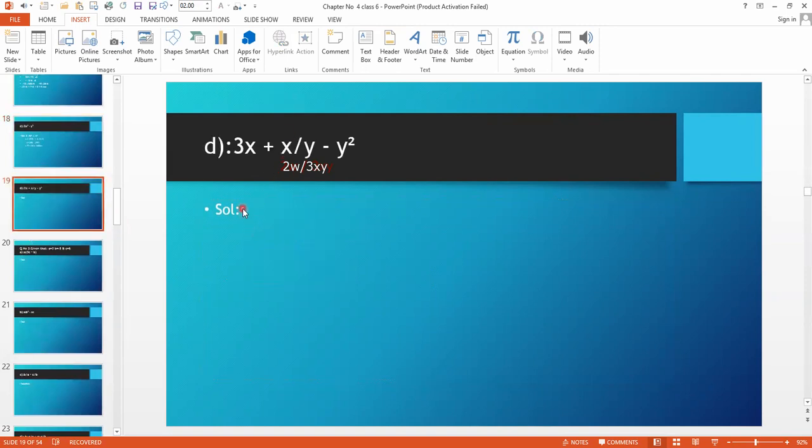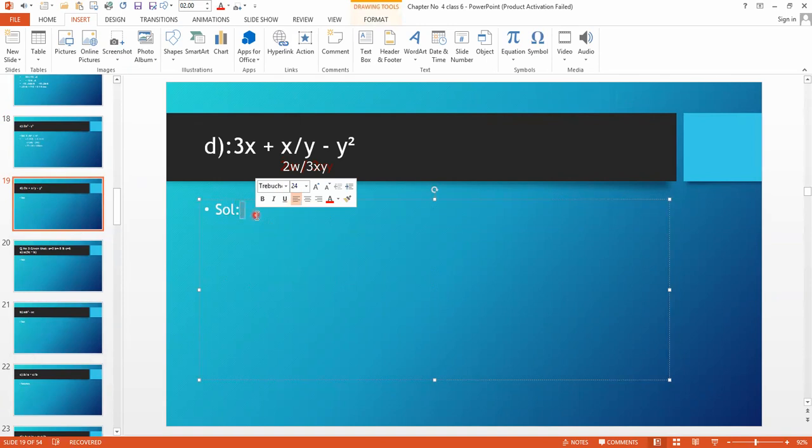Okay, this one is the D part. So I have to put the value. Just give me a few seconds so that I can put the value. We all know what the value of x is.